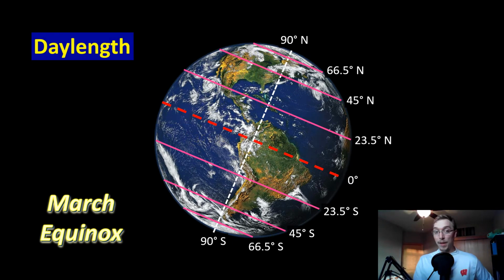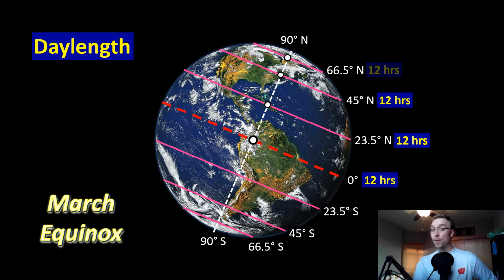All right, what about day length? Well, it's 12 hours along the equator. It's 12 hours along the Tropic of Cancer, 12 hours at 45 degrees north, and 12 hours at 66.5 degrees north. So let's look at that word down there in the left-hand corner, equinox.